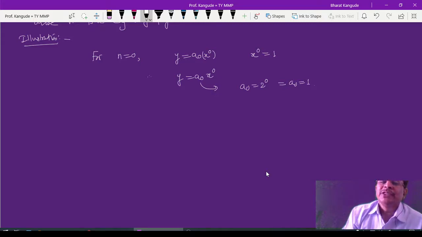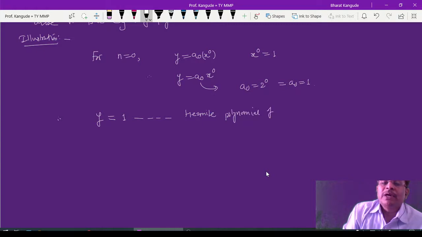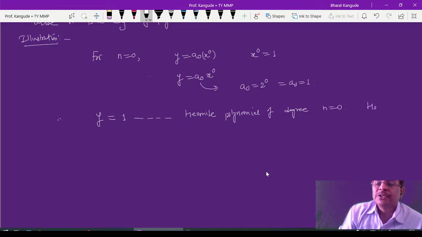Therefore I take a0 equal to 1, and my first polynomial is y equal to 1. This is the Hermite polynomial of degree n equal to 0, that is H0(x), and that is simply equal to 1.